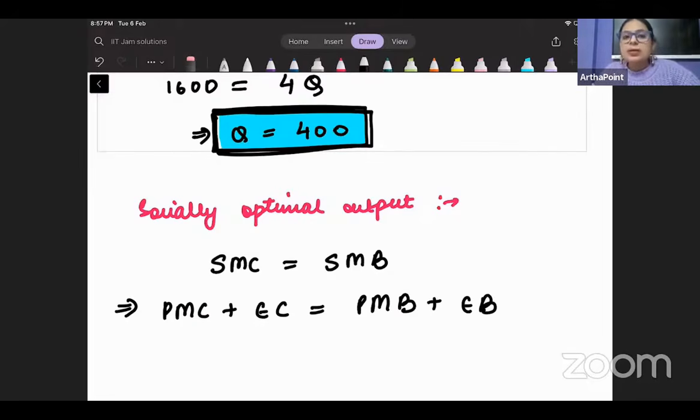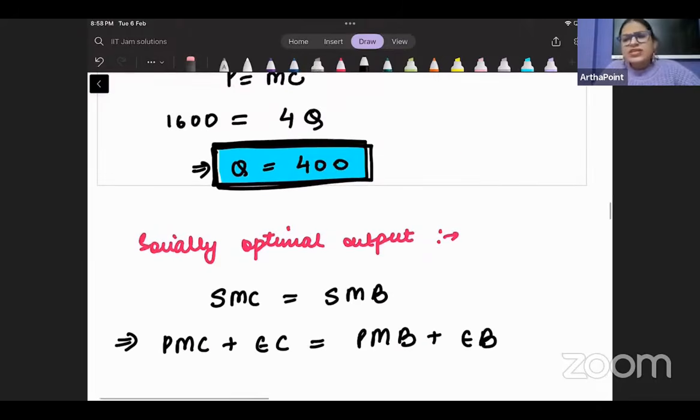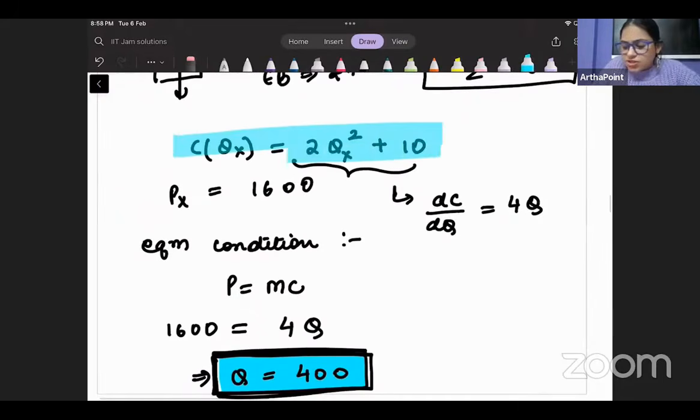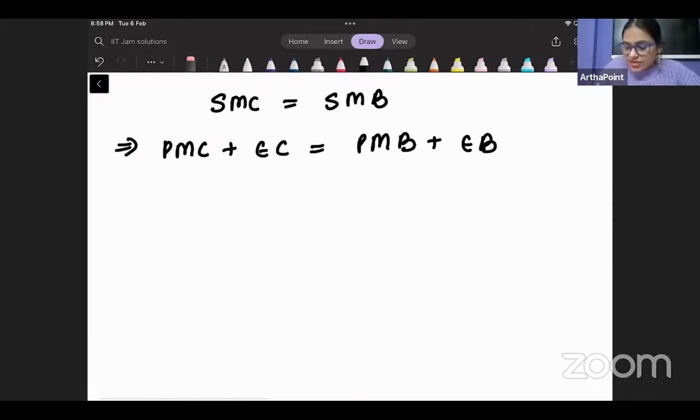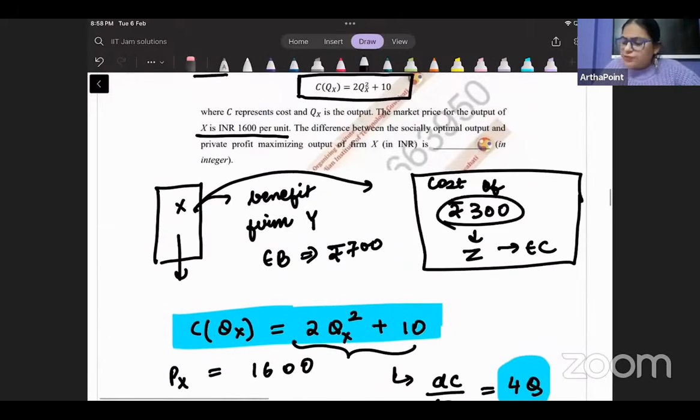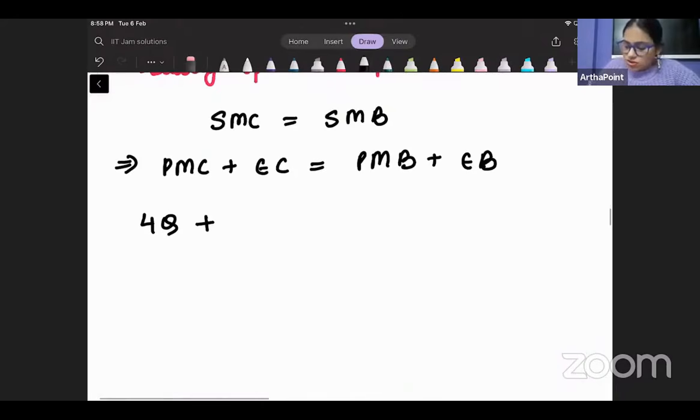Clear? Beta, tell me something. What is his private marginal cost? When you differentiate his cost function, you get his marginal cost. That is 4Q. Plus, what is the cost he is creating? He is creating a cost of 300 for firm Z. So this is 300.